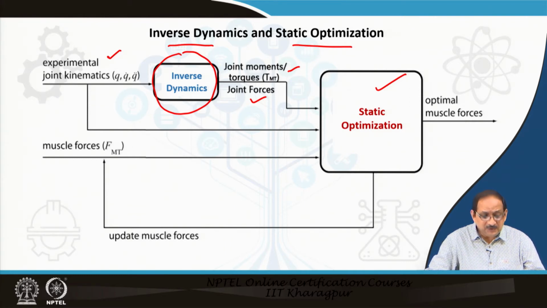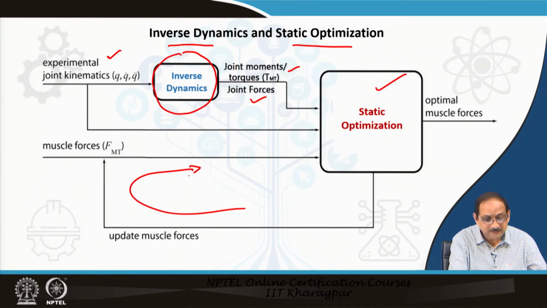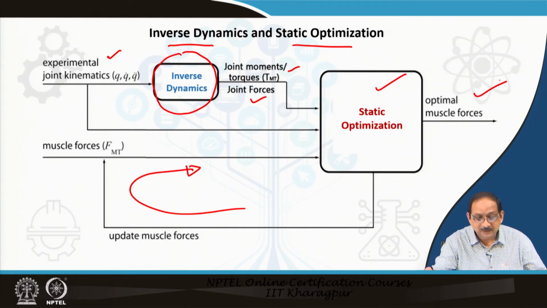In some procedures, an initial guess of muscle forces is made, on which the joint equilibrium is verified and changes in joint forces are made if necessary. The procedure is repeated until an optimal muscle force distribution is achieved.